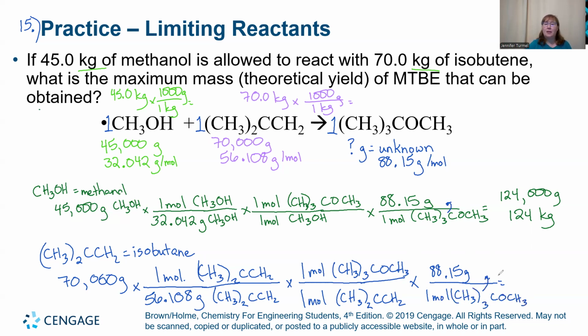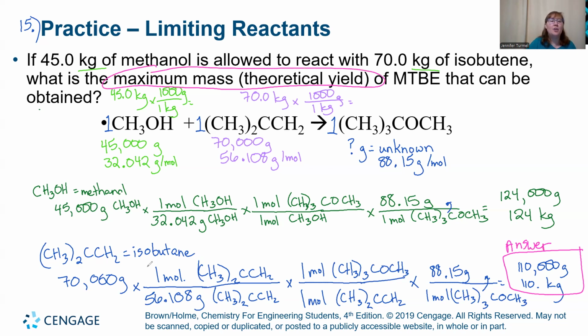I'm just going to put an arrow up there so that I don't write that one again as well. Okay. So this one will give me 110,000 grams or 110 kilograms. Because this one is smaller, this is my answer for the theoretical yield or maximum mass that can be produced, which means that isobutane is my limiting reactant.